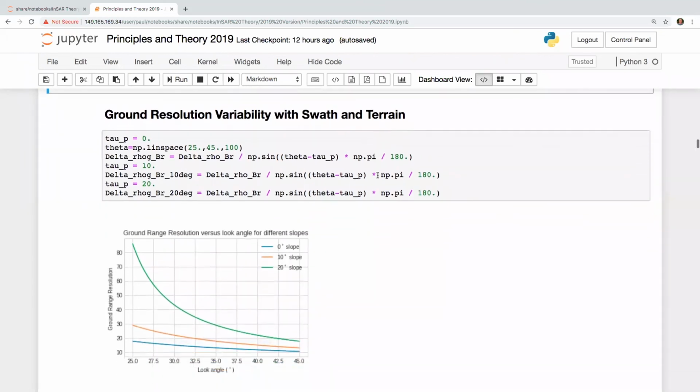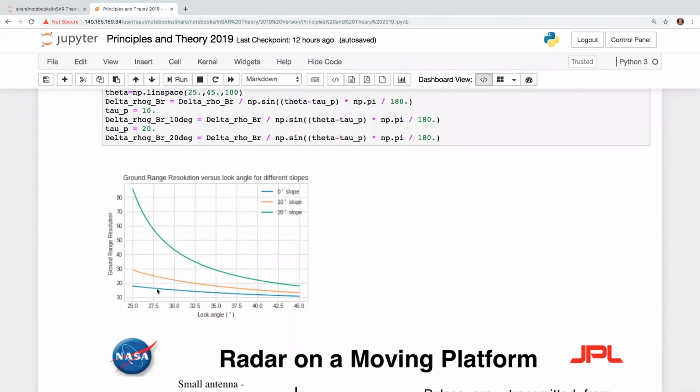And you can see what happens there with the ground resolution as a function of the look angle from 20 to 45 degrees. You can see that in the 0 slope case, there is a variability in the ground resolution from near to far range, going from, remember it started out at around 7.5 meters, and now at 25 degrees it's around almost 18 meters there, and out at 45 it's roughly, let's say 11 or 12.